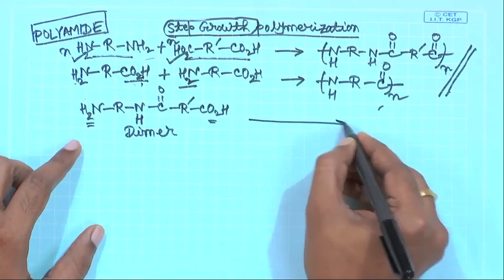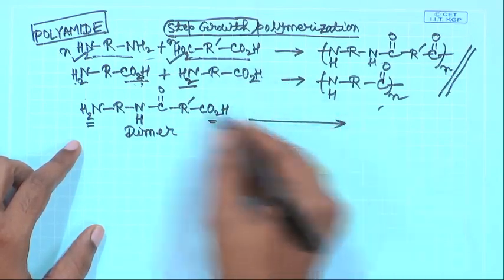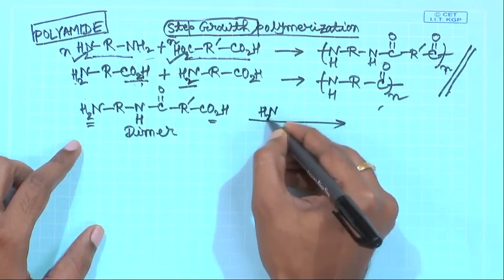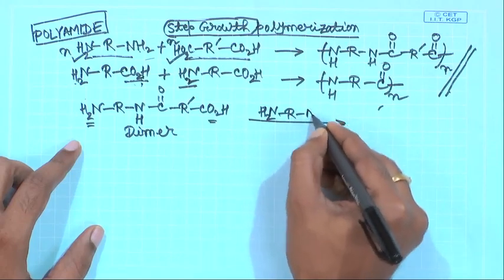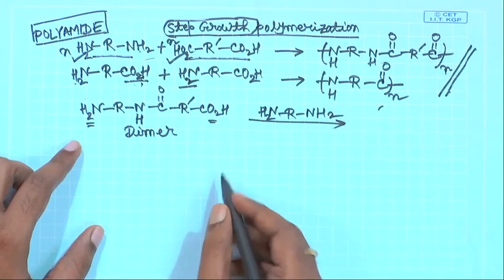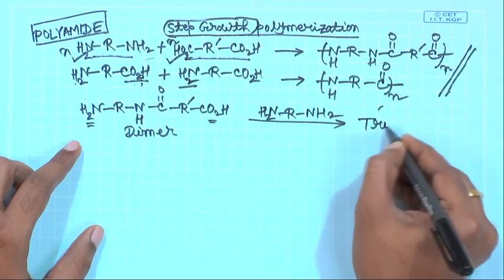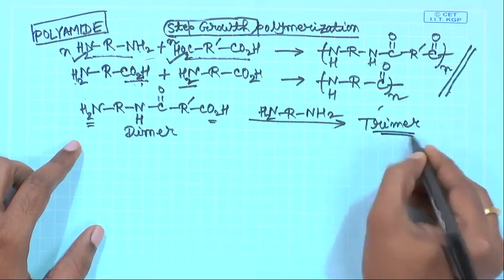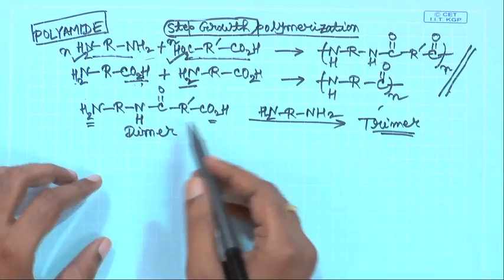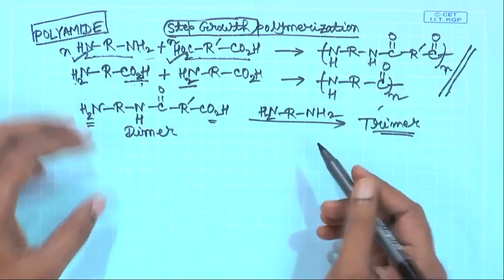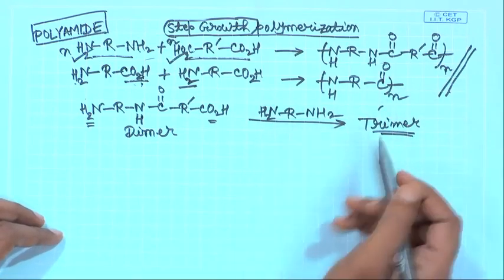Now, this dimer has a carboxylic acid here and an amine here. This could also now react with another molecule of, let us say, amine on this side, and it can form an amide bond here. Then what you will have is a trimer. I am not drawing the structure, you can work it out yourself. Like this, stepwise, the molecular weight of the product will develop.